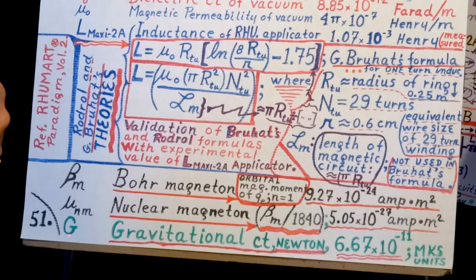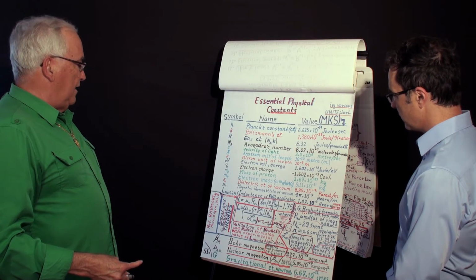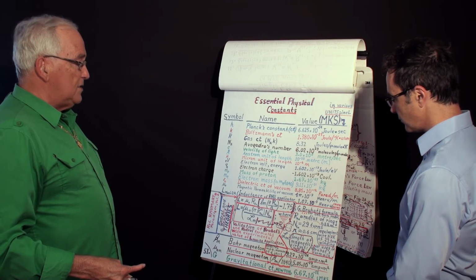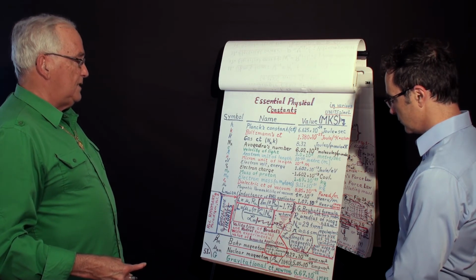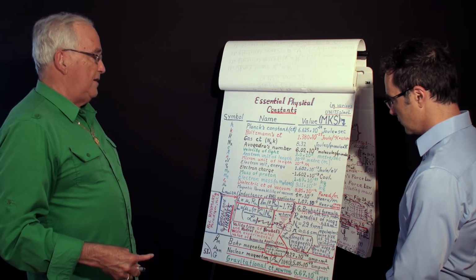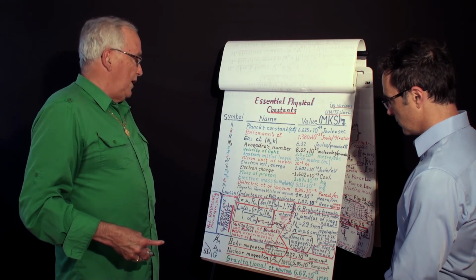And G is the gravitational constant, which comes from Newton, and its numerical value is 6.67 times 10 to the minus 11 in MKS units.